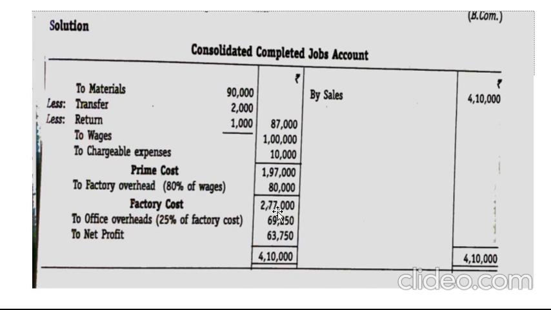So how much is your factory cost? 2,77,000. So 2,77,000 into 25% will give you 69,250. So your office expenses is also found. The total of this will usually be your cost of production when you prepare your cost sheet. So we will check whether we have any selling and distribution overhead.